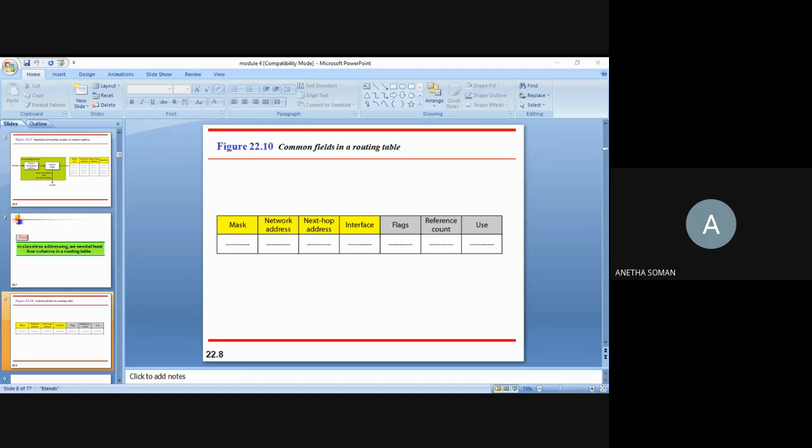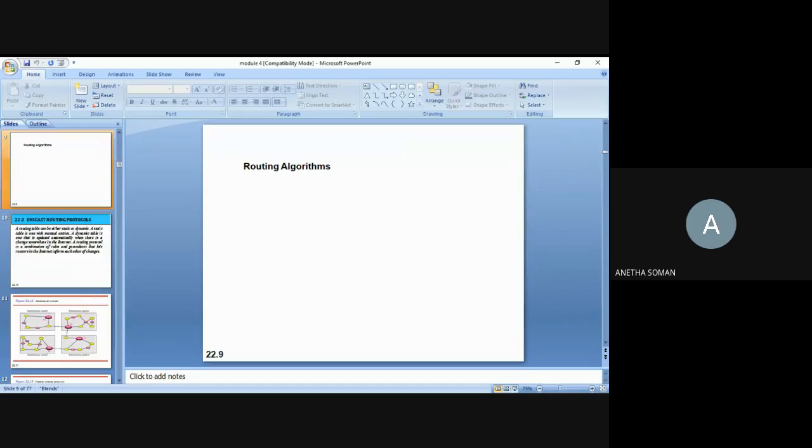Okay. Now the next topic you are going to see is routing algorithms. What is the importance of routing algorithms? I have told you one of the major functions of the network layer is routing. You want to deliver your packet to the destination, that is the ultimate aim.